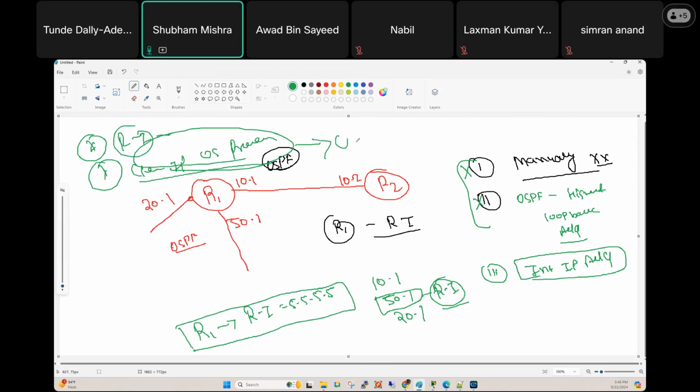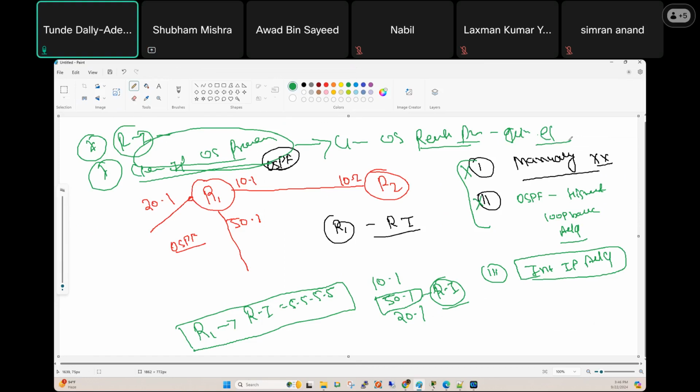You are just resetting the OSPF process. And when you reset, what will happen? Again, election will happen. Getting my point? Everyone understand? Yes.